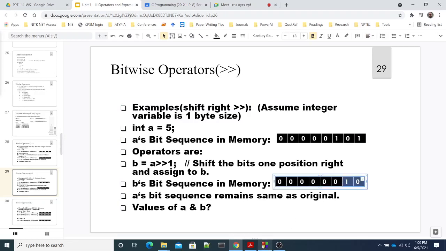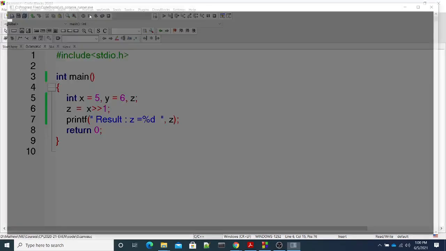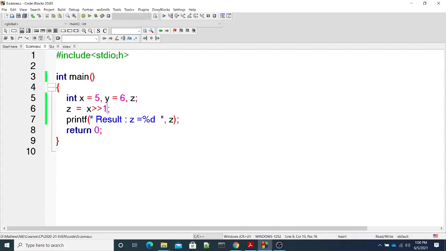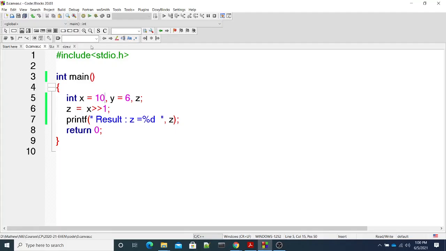Okay. So we will see that in an example here also. I'll start with a bigger number, 10. I shift towards right, I get 5.